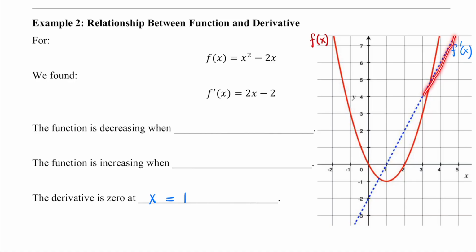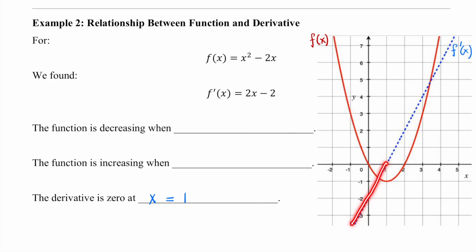Now let's look at the blue line again. The blue line crosses the x-axis at x equals 1. And when x is less than 1, the blue line is below the x-axis, which means the derivative is less than 0. A negative derivative means the slope is negative.